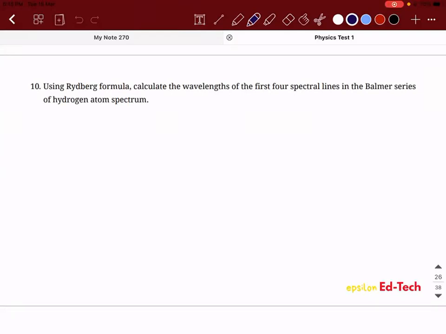Sir, can we leave the answer with R, or should we substitute the value of R? It's better you remove it. You need to remove it. So R value, I hope you guys know it, 1.097 into 10 power 7 meter inverse. So this value is expected for you to remember.